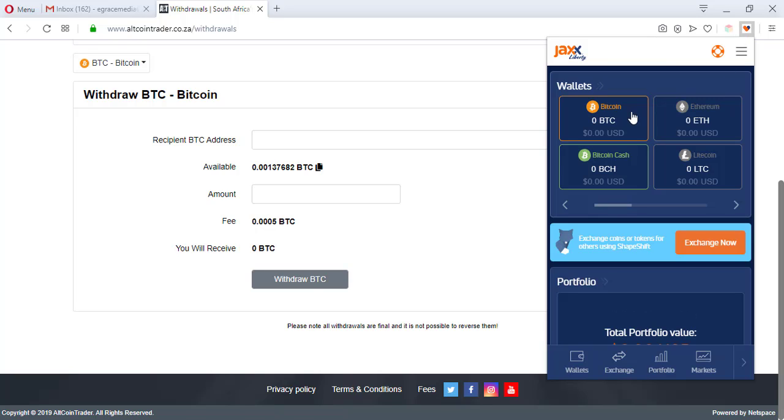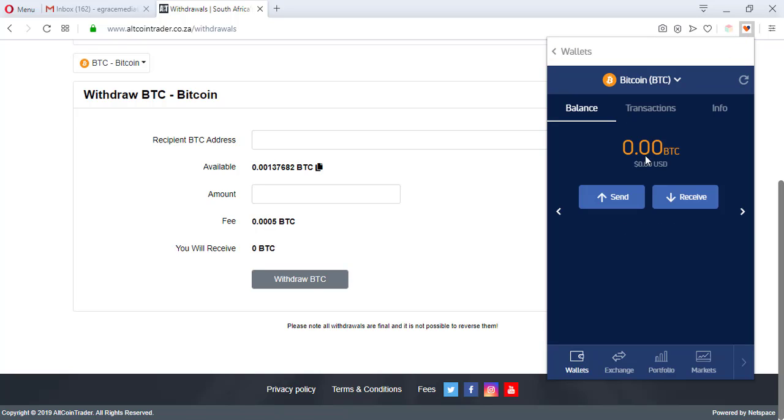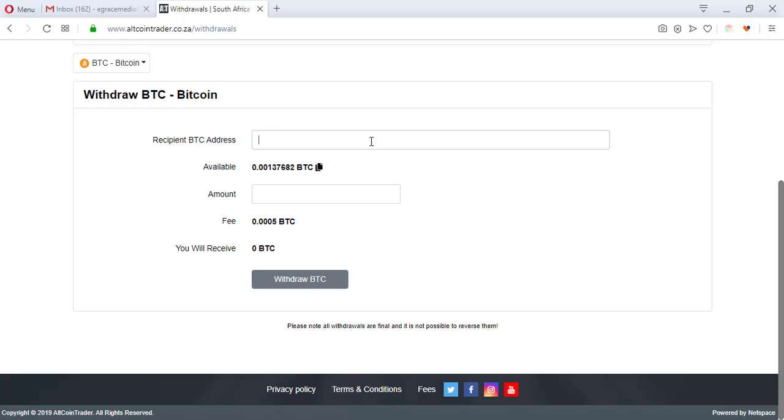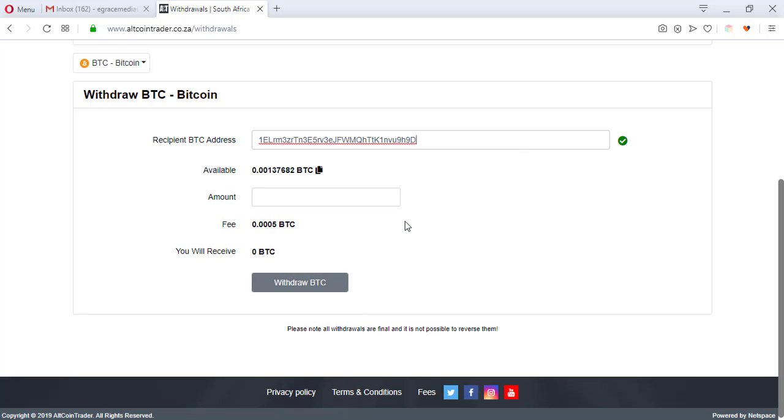In this Jax wallet, I'm gonna go to Bitcoin, then say receive, then copy the address of my wallet, and then put here the wallet address. So this is the address that you want to send to, right?